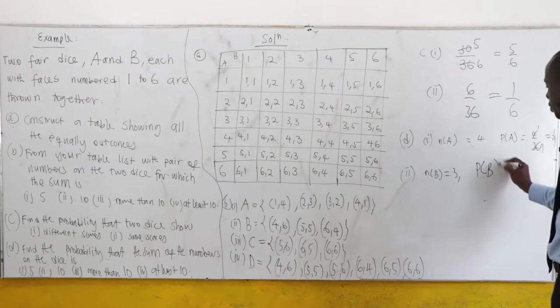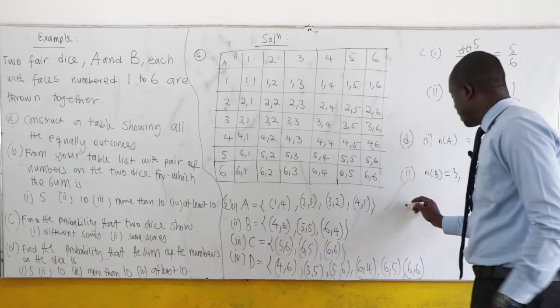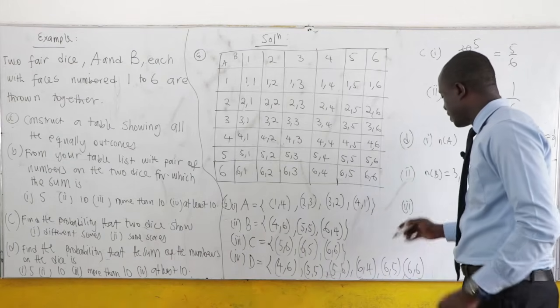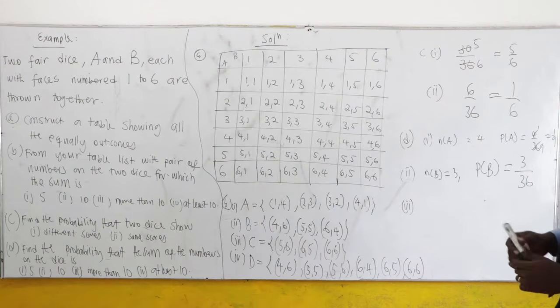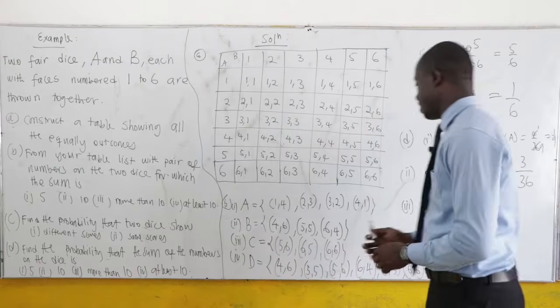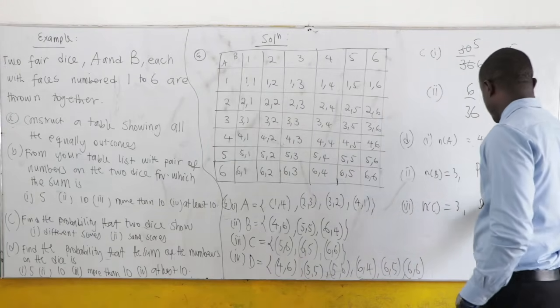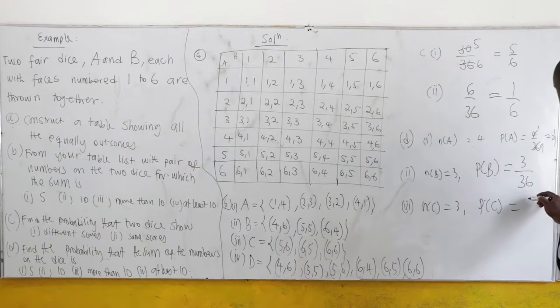So probability of B is number of events over number of sample space. Now the third one says more than 10, and these are the events. 1, 2, 3. So our number of C is 3. So the probability of C will be 3 all over 36.